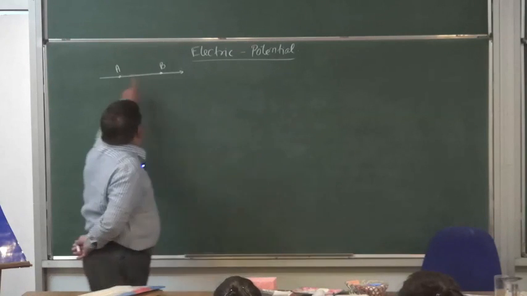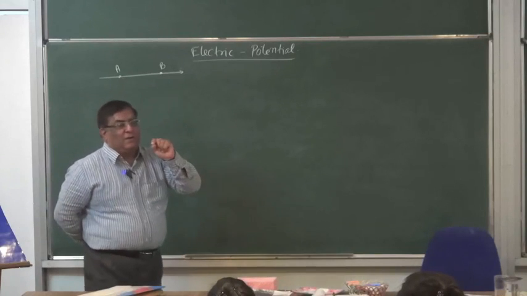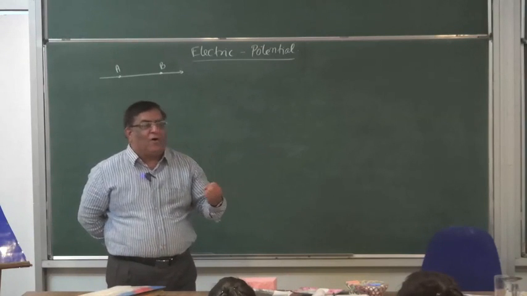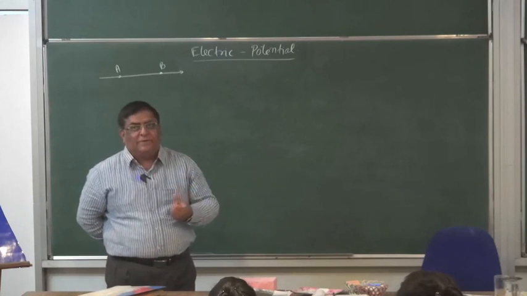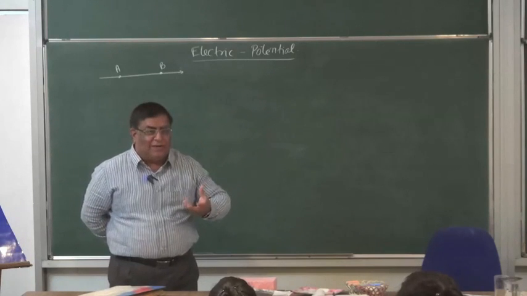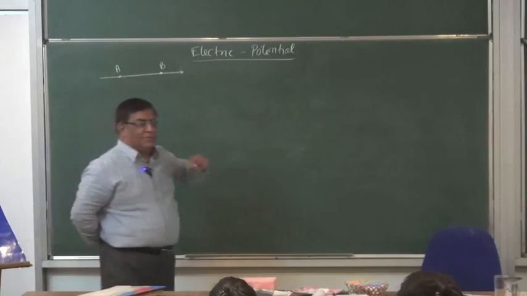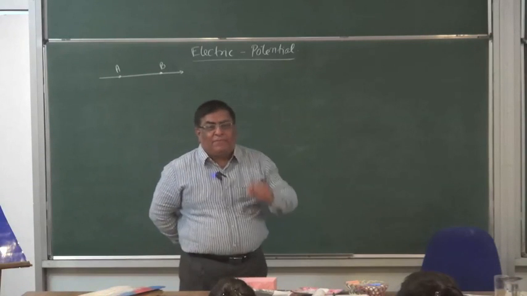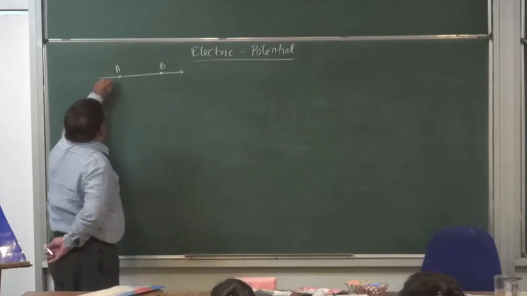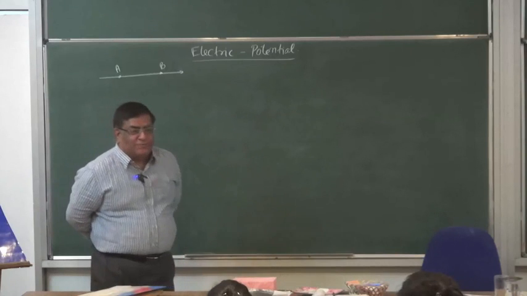Potential of a point is related to the energy received by a charged particle when that charged particle is placed at this point A. Again, if there is a charged particle and I place it at point A, I find that it has got energy 100 joules.